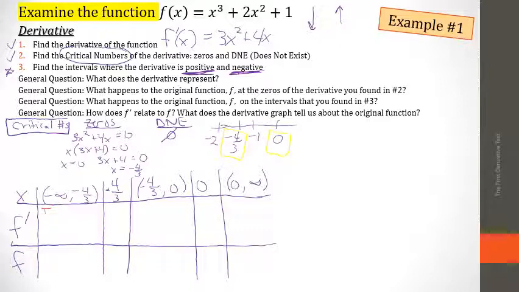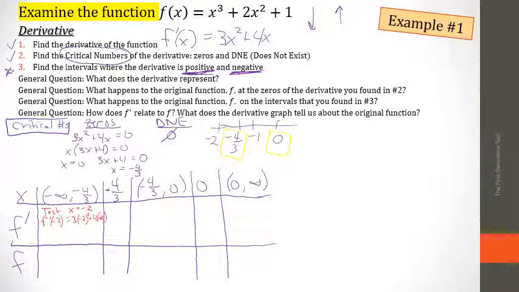So I'm going to test a value. What number is in that interval? That would be easy. I'm going to test x equals -2. And what am I going to plug x equals -2 into? The derivative. So f prime of -2 is 3 times -2 squared plus 4 times -2.